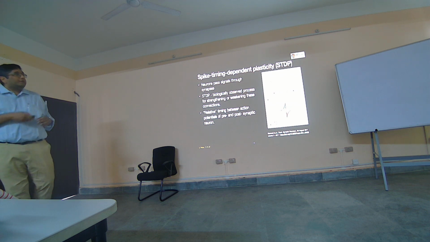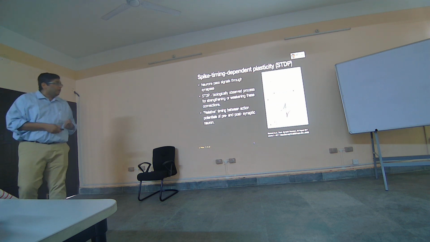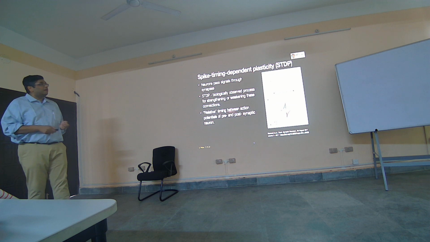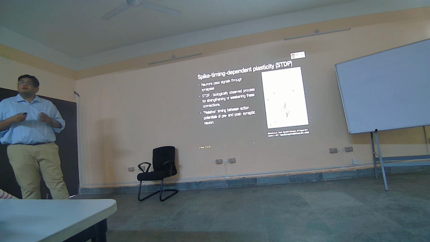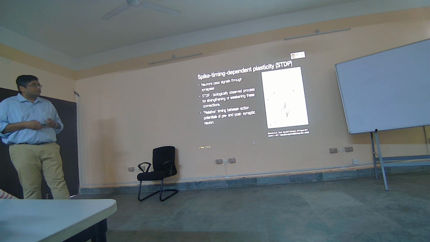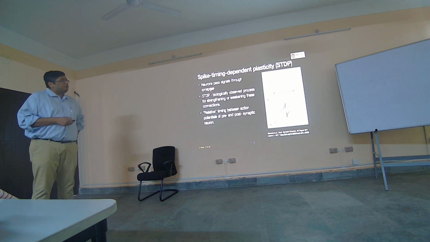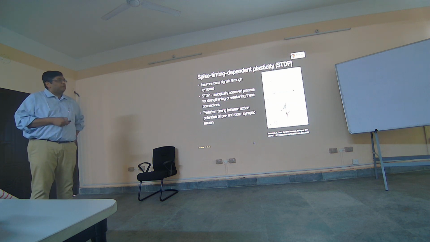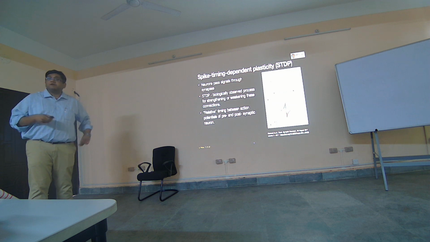Right? So this will become important when we start thinking about how to design the system. So what's important is the relative timing between the pre and the post. The relative timing between the two will tell us whether it is causal or acausal. And we also use this phenomenon to decide which is an important signal or which is not important.